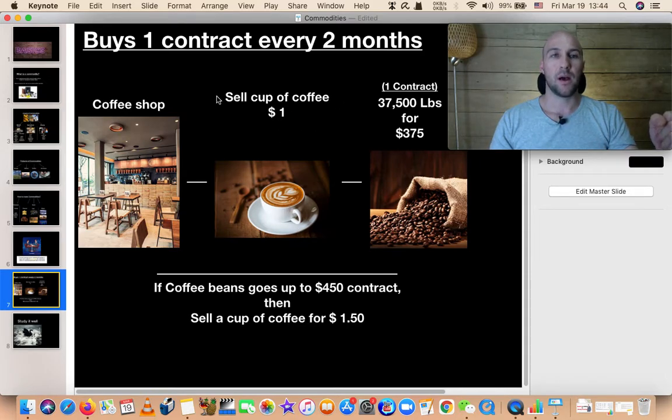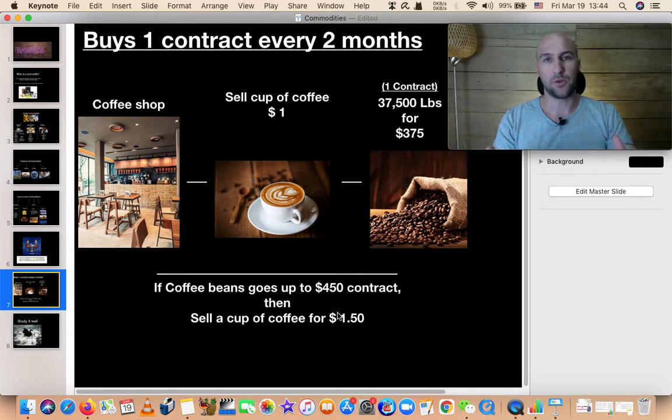However, he buys one contract every 2 months. So you say every 2 months I buy this amount of coffee and this is how much the coffee will cost. However, if there's any political instability and maybe the coffee price goes up to $450 a contract, he might then have to sell a cup of coffee for $1.50, and he doesn't want that. I mean, airlines don't want the gas prices to go up, because then they have to charge more for air tickets.